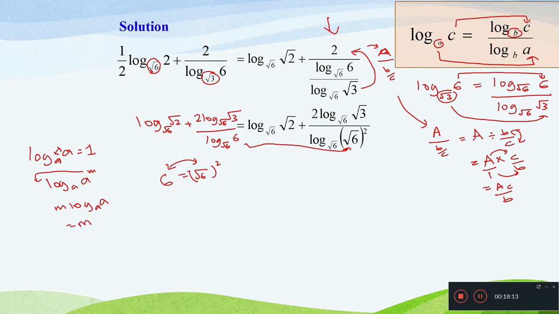Please ignore the background noise. So this is log a base a is equal to 1 times m. So bring the power to the front, and then you can change this to 1.